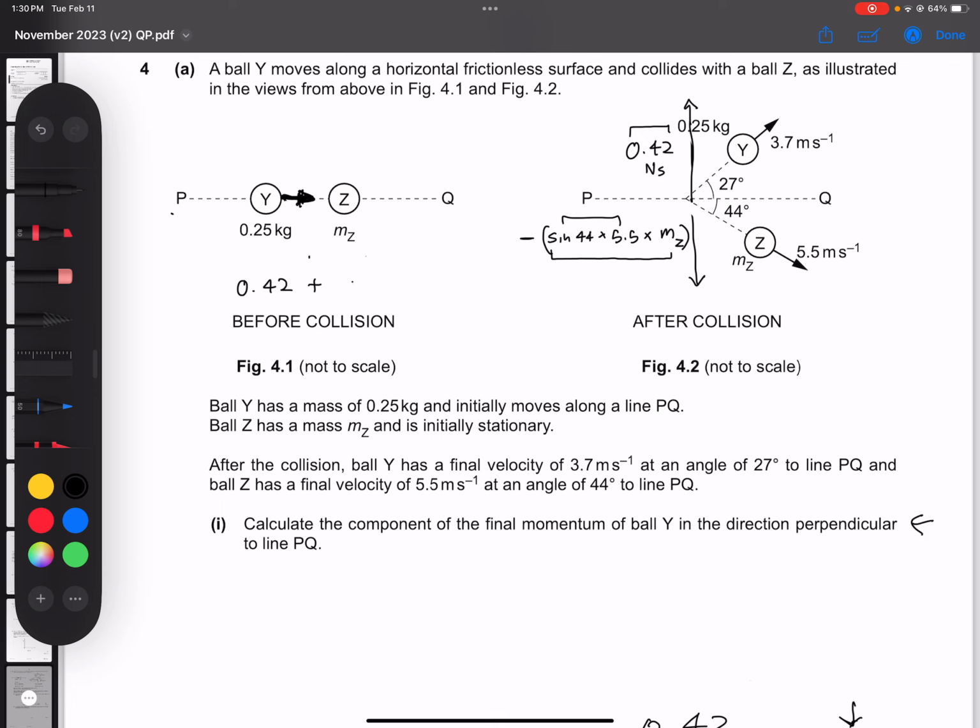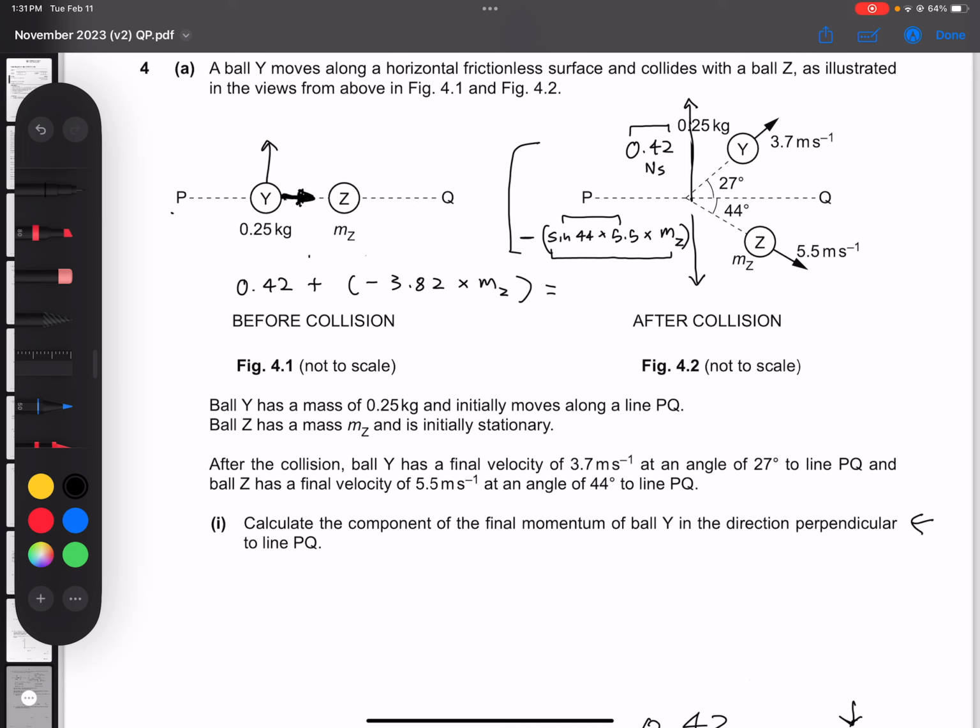So we can say plus minus 3.82 into mz. This is the sum of momentum after the collision vertically, right? Equals the sum of momentum before the collision. We're only considering vertical momentum. This is important. This is 0.